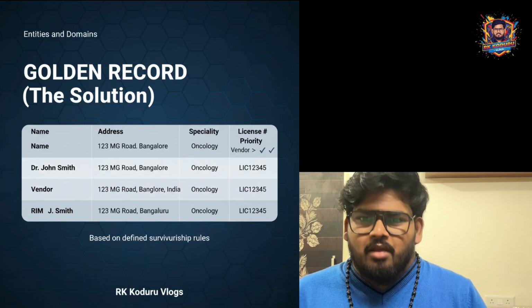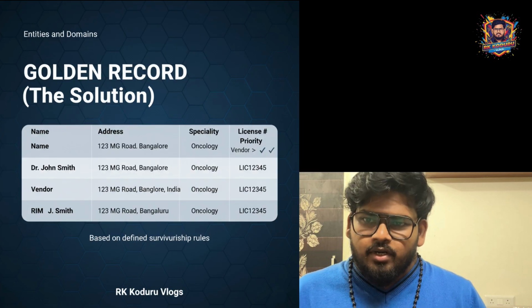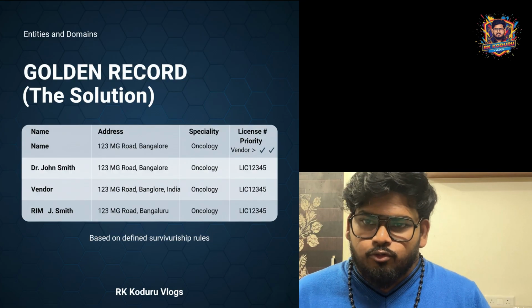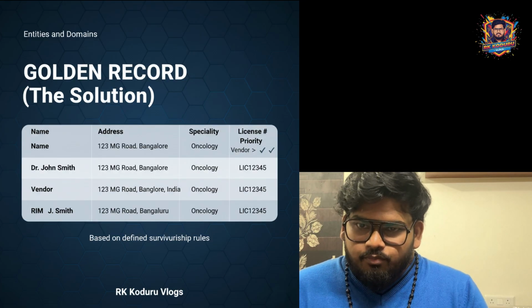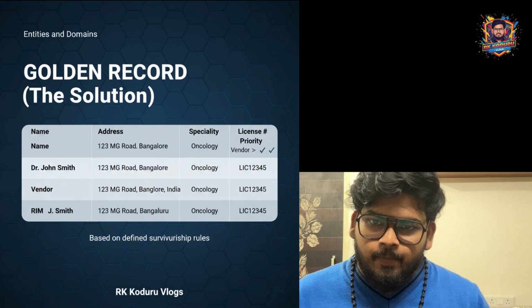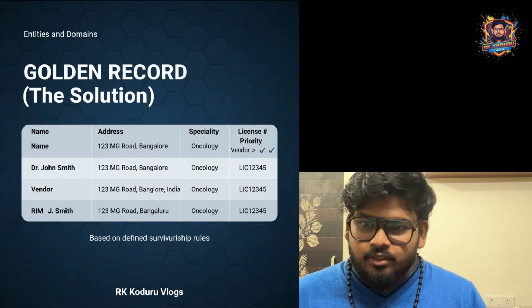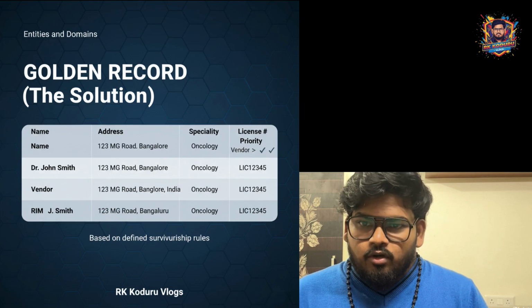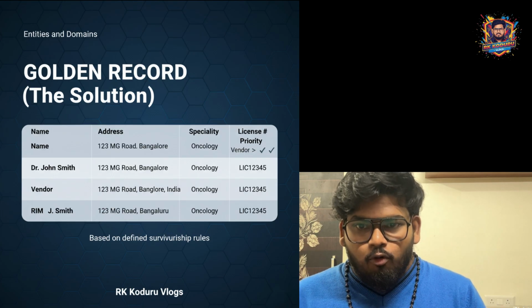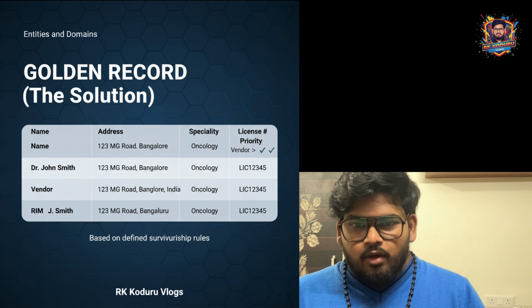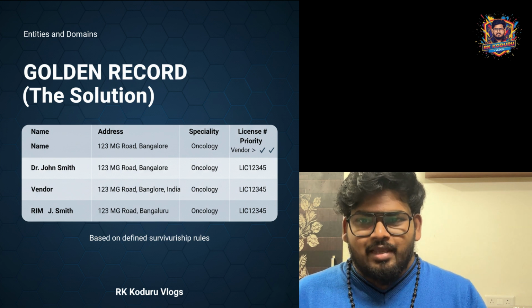One record: the name is standardized, the address is complete, the specialty is chosen based on our survivorship rules, CRM first, and the license number, which matches across all 3 systems, is confirmed. This is the record that now gets published back to all other systems, so everyone is looking at the same truth.